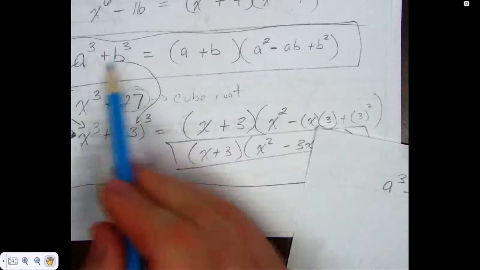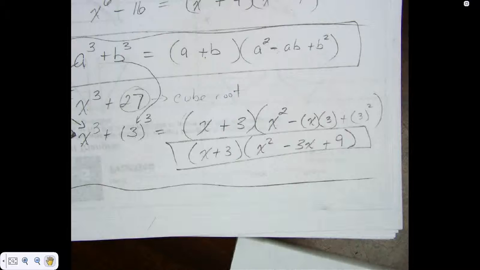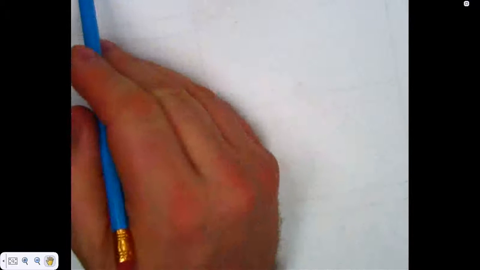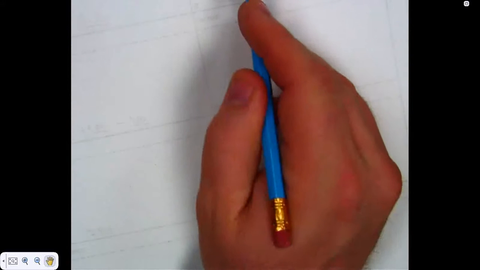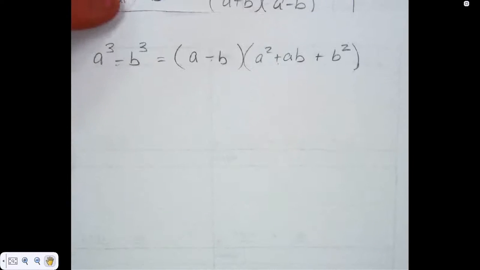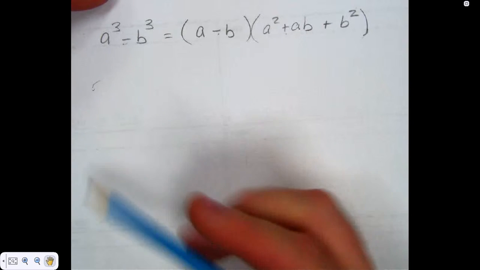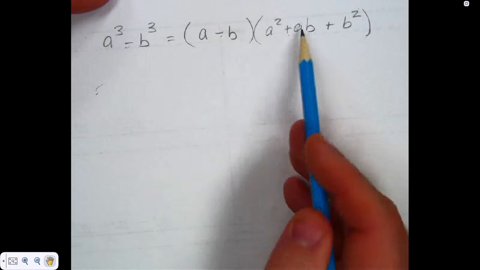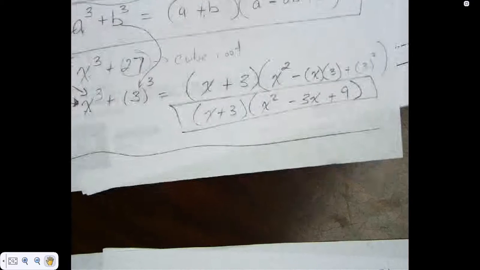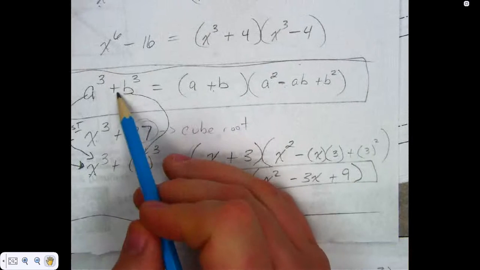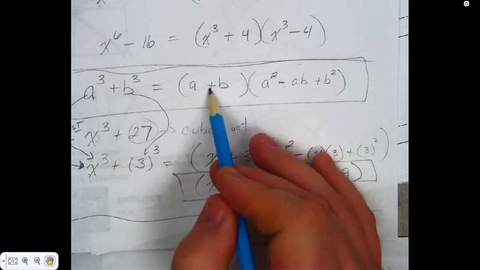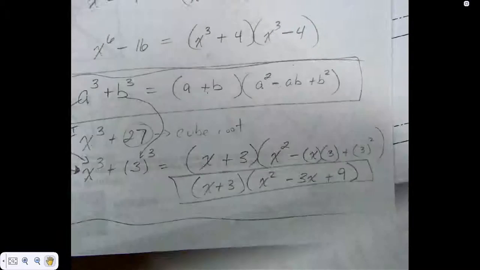If it's a minus b, the minus is there, the plus is there. If it's a plus b, the plus is there and the minus is there. Thanks, Connie. You confused me.